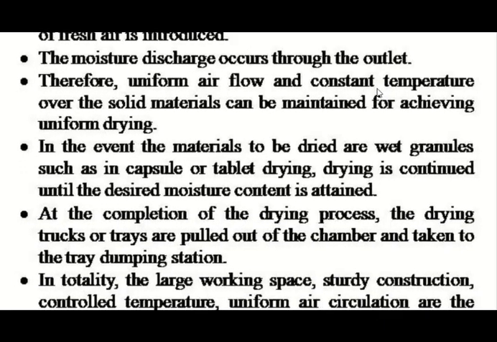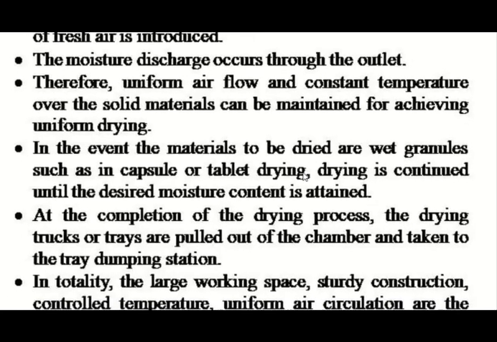In the event of the material to be dried being wet granules such as capsules or tablets, drying is continued until the desired moisture content is attained. At the completion of the drying process, the drying trucks or trays are pulled out of the chamber and taken to the tray dumping station.